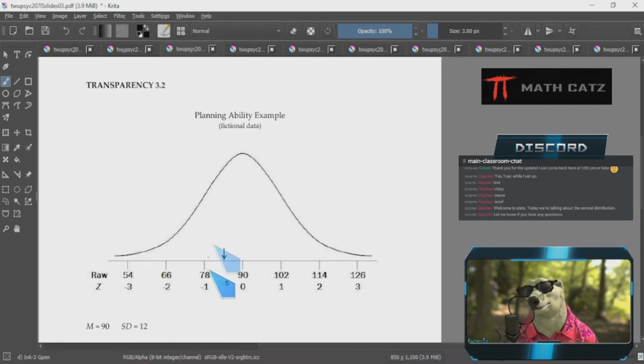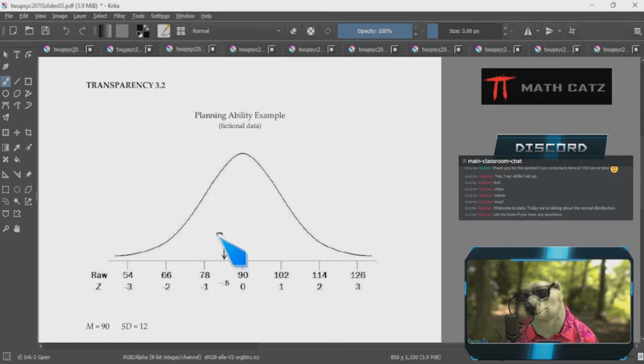So in this case, in the planning ability example, my mean is 90. That's the center of this distribution. And my standard deviation is 12. So a score here sitting at wherever, I can convert to maybe a half a standard deviation step from the mean to the left. So negative means to the left, positive means to the right.